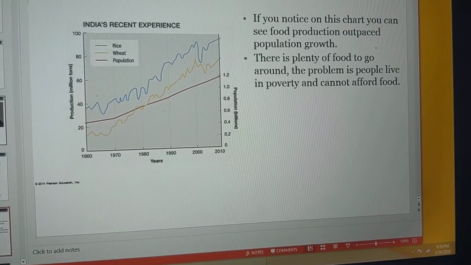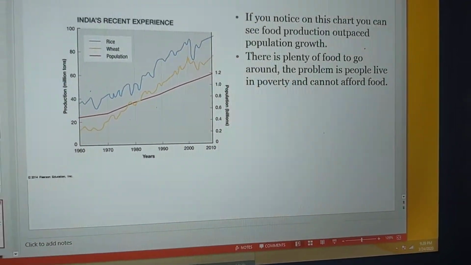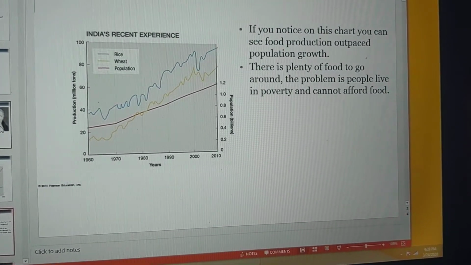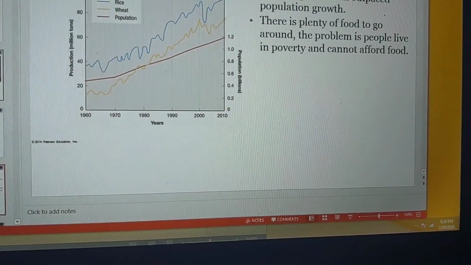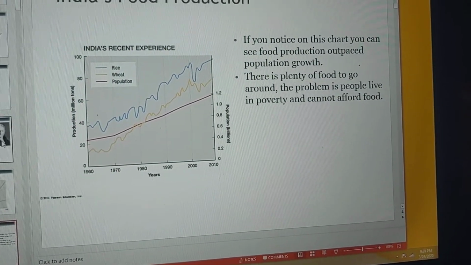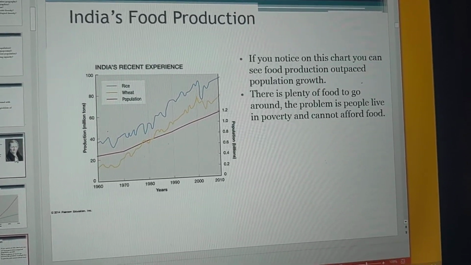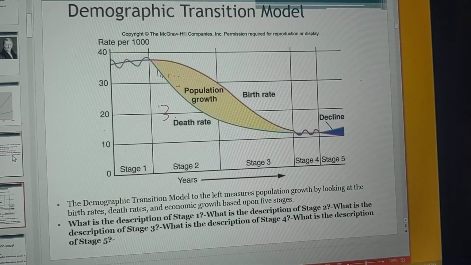However, the problem is that people can't afford food. There's plenty of food to feed 7 billion people right now in the world. The problem is people are in poverty, they're dirt poor, and they can't afford food, okay? There's plenty of food to feed the entire world's population. The problem is people are poor and they can't afford it, okay?